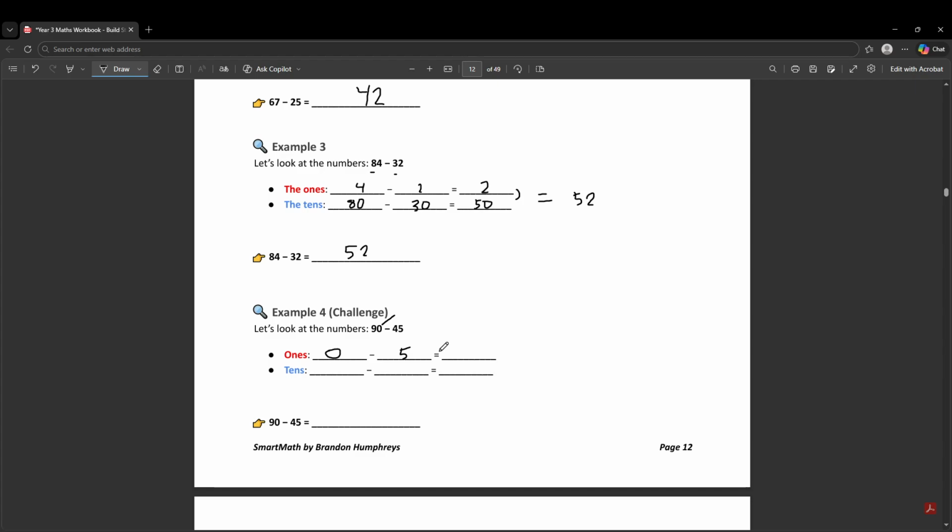And if we take something away from 0, we'll end up with a negative. So we'll think of this as minus 5. We'll think of this subtraction as a minus sign. And then now we'll have the 10's, which will be 90 and 40. So this will now give us 50.